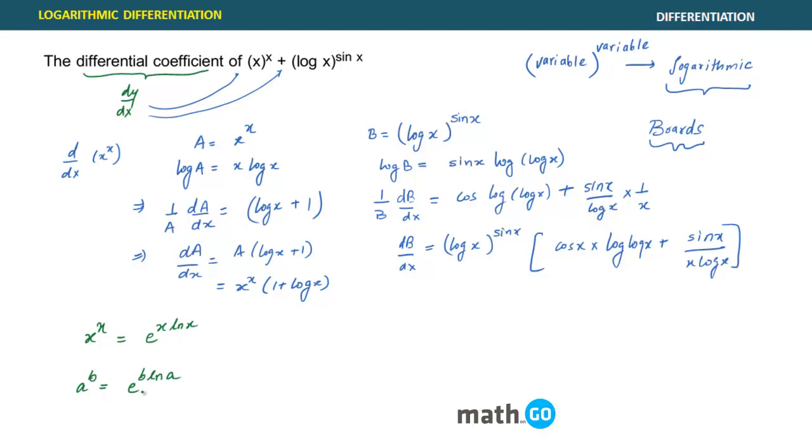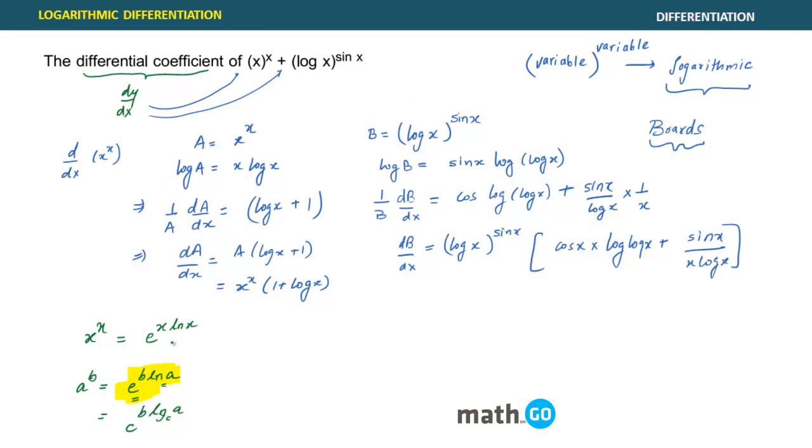Or, if you want to be precise, it could be written as c raised to b times log base c of a. So the base and the base of the log should be the same for the formula to hold, but we generally use this particular formula. Just remember this particular case. So if you know this, then this problem really becomes very easy.